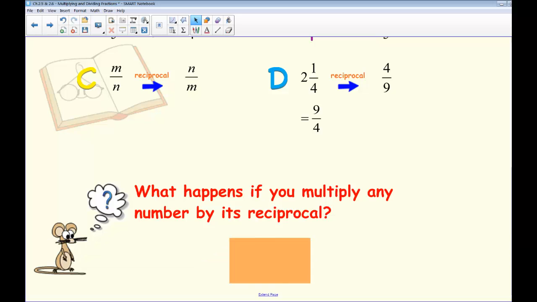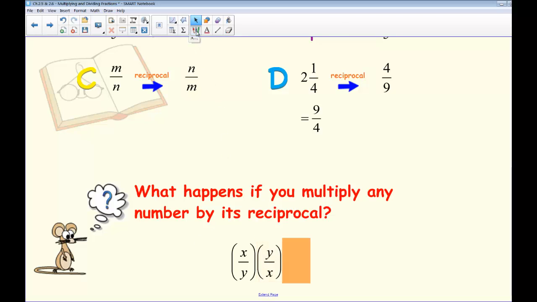Now, what happens if we were to multiply any number by its reciprocal? Well, if you think about it, if I took any number, and I'm going to represent any number by using variables x and y, so here I have x over y. If I multiplied it by its reciprocal, y over x.